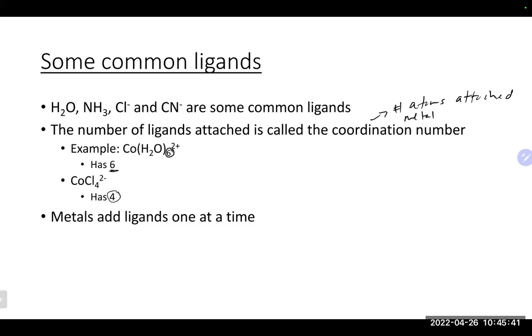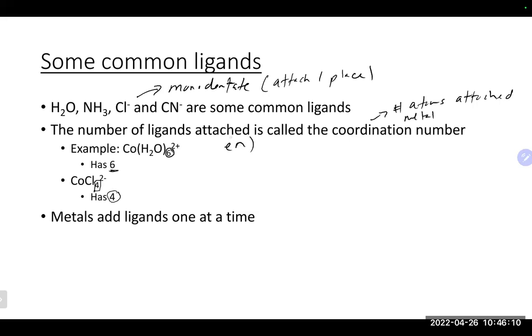Now, sometimes people think, well, it's just this number here. And the answer is it is not just that number there. These ligands here are what are referred to as being monodentate, which basically means they attach in one place. But there are some ligands that actually attach in multiple places per molecule.